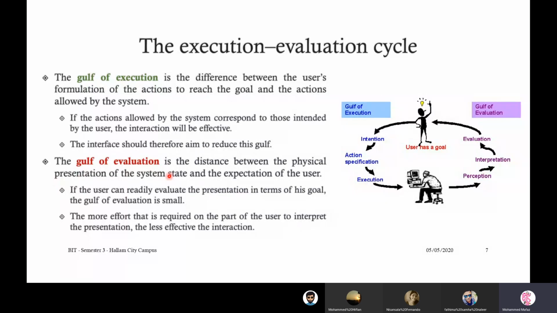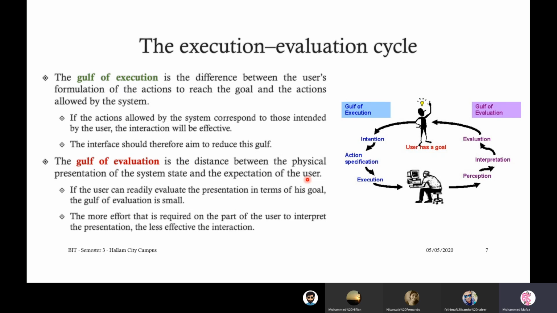Gulf of evaluation is the distance between the physical presentation of the system state and the expectation of the user. That means the system is now presenting something to the user, and the user will have a different expectation because their goal is already set.